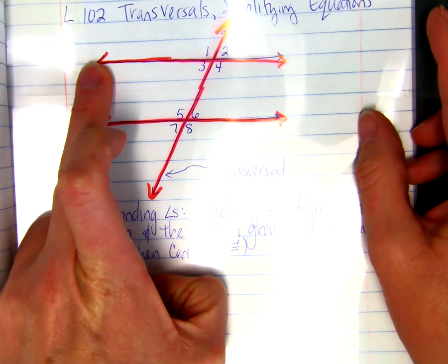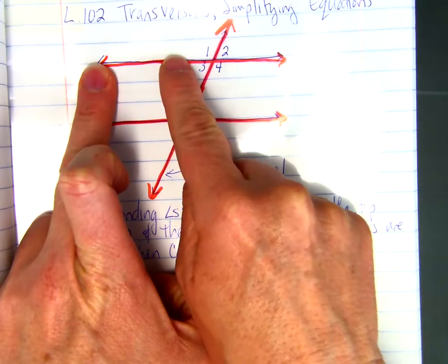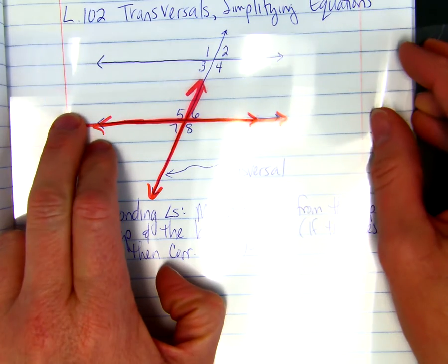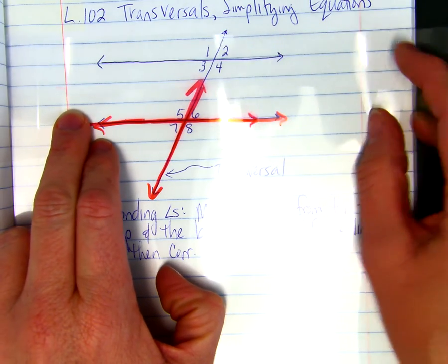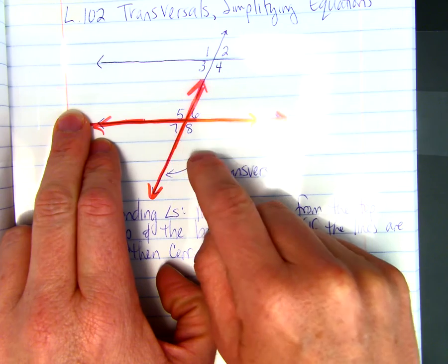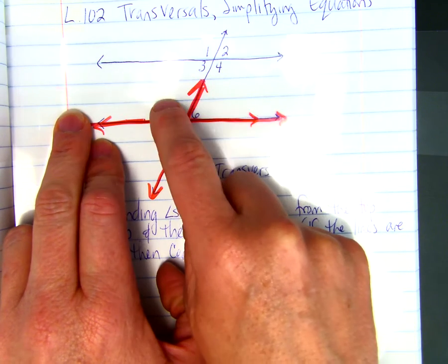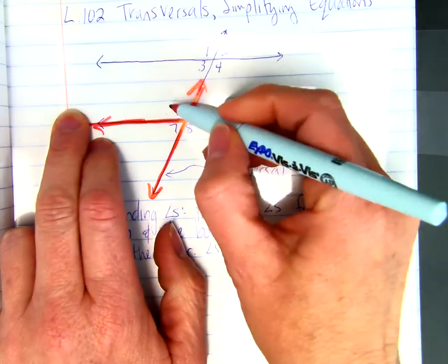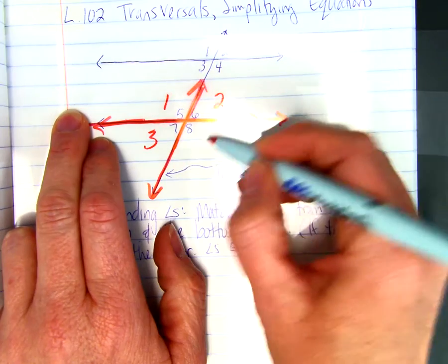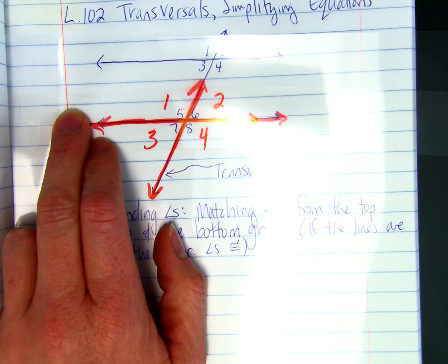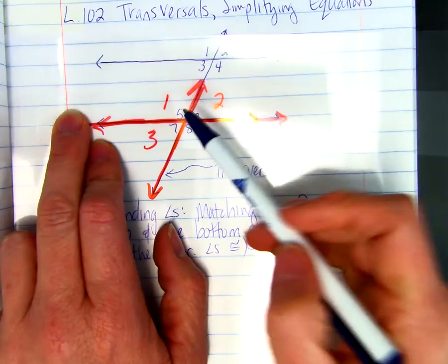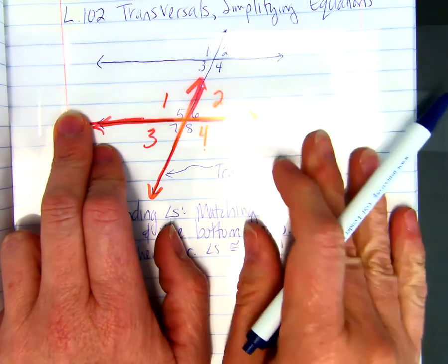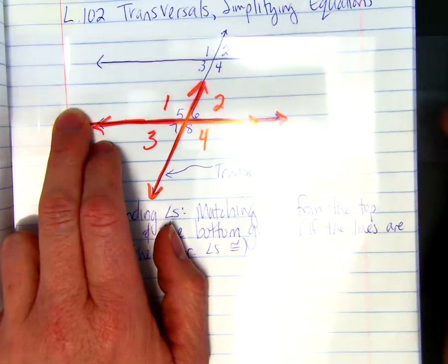Angle 1 will be congruent to angle 5. If I put it right down, do you see how they match up? So angles 1 and 5 correspond together. 2 and 6 are corresponding angles, 3 and 7, and 4 and 8.